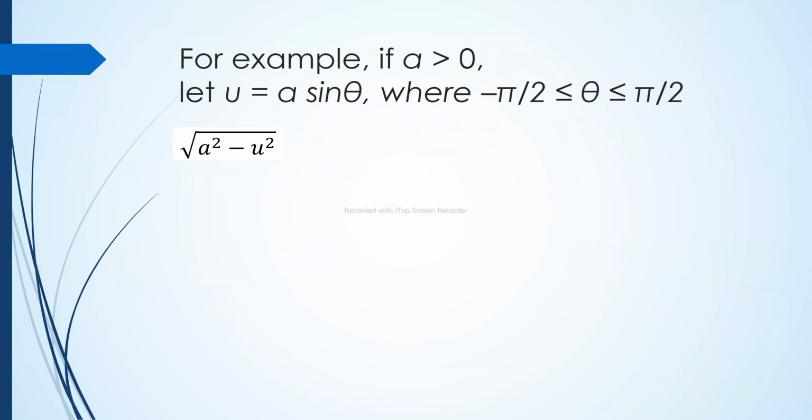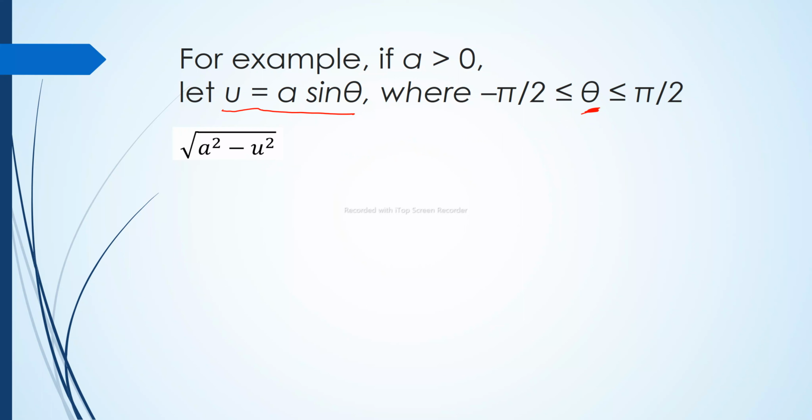Okay. So for the first radical, we have the square root of a squared minus u squared. Again, a is any number, and it should be greater than 0, and u is any variable. Now, if we are given a radical in this form, the square root of a squared minus u squared, then we let u is equal to a sine theta, where the value of theta is greater than or equal to negative pi over 2, but less than or equal to pi over 2.